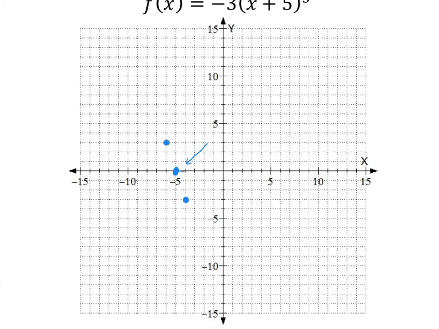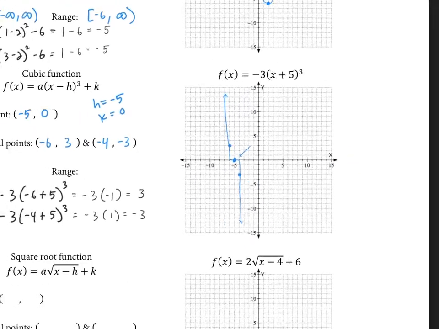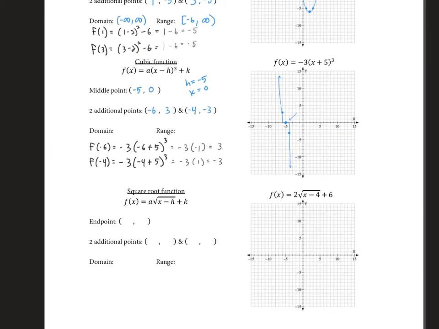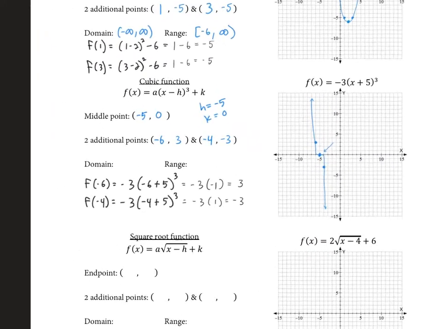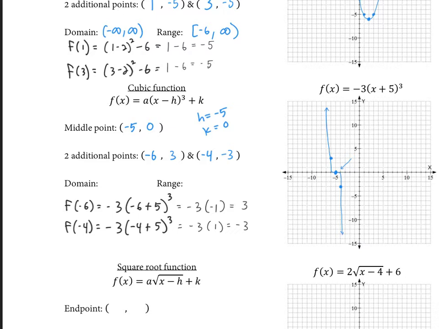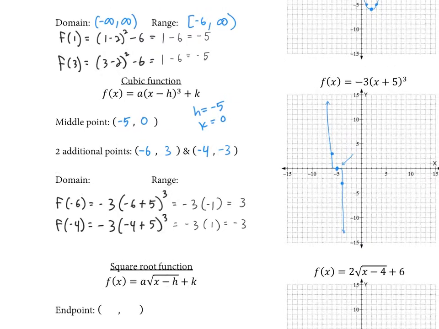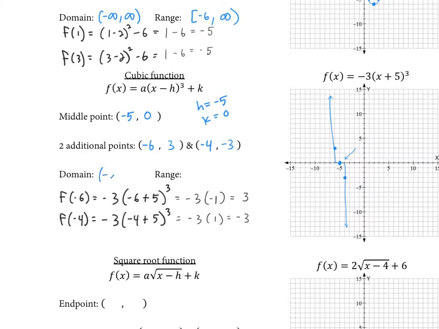Kind of curves one way and goes down really quick, and then curves the other way and goes up really quick, like that. Okay, so domain and range for this one are both negative infinity to positive infinity. This function goes left and right forever and goes up and down forever.